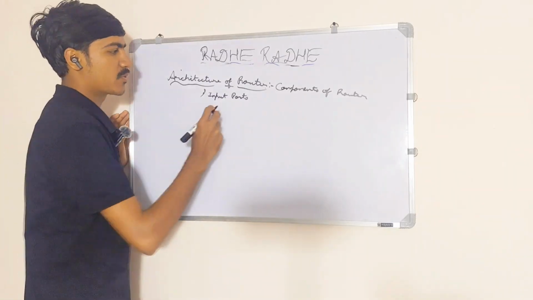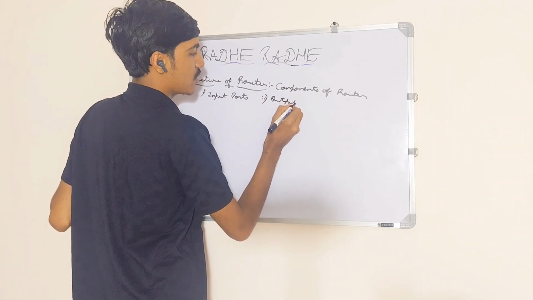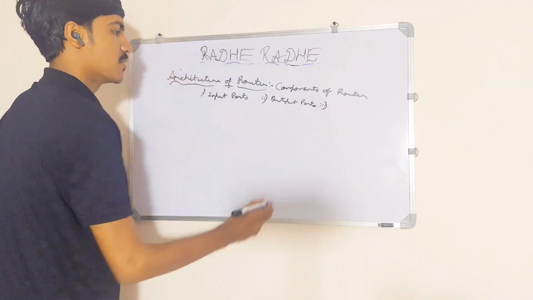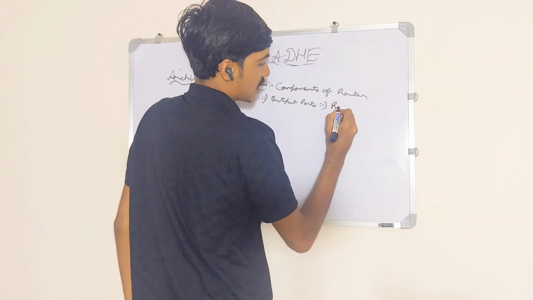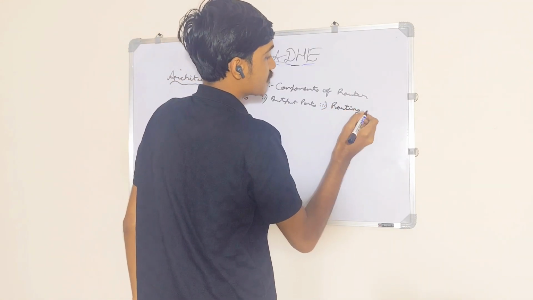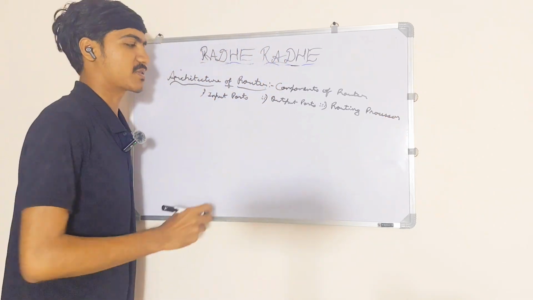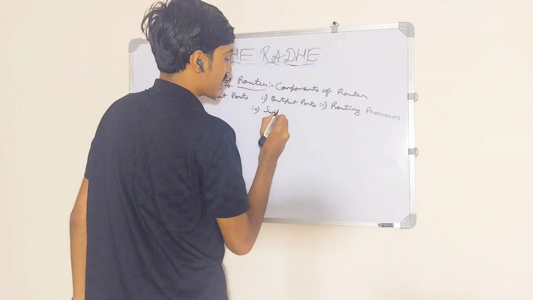Number one, input ports. Number two, output ports. Number three, routing processor. Number four, switching fabric.